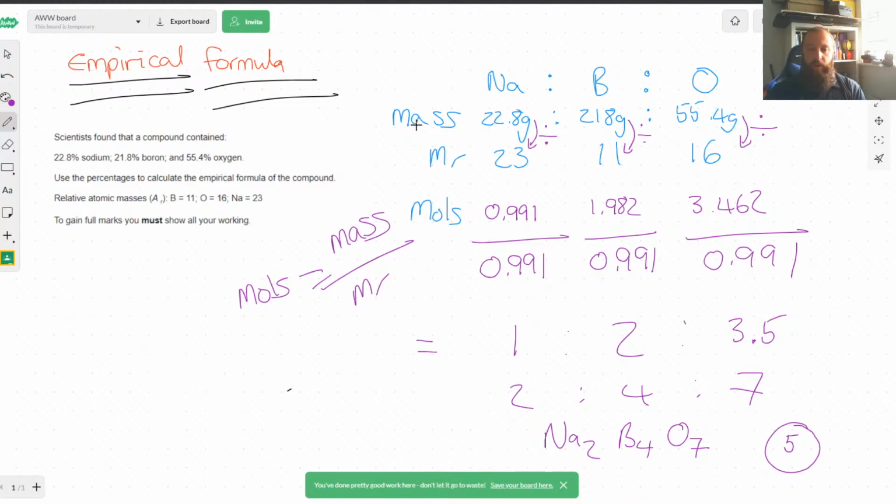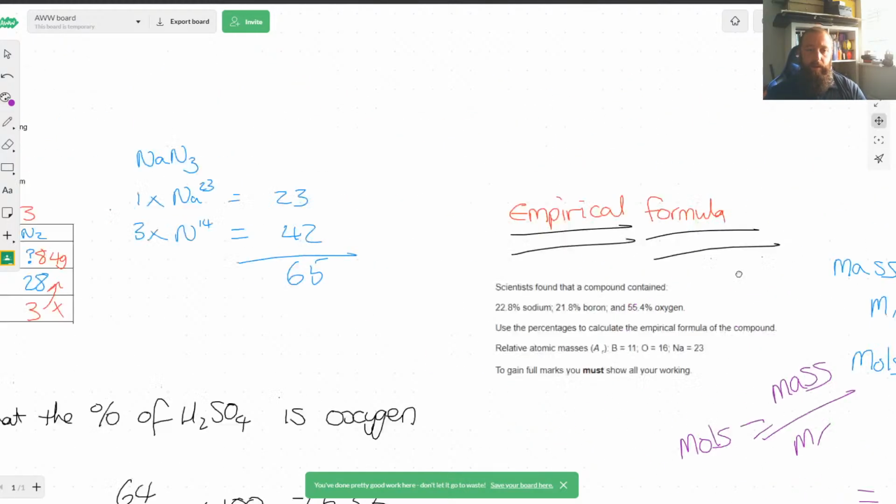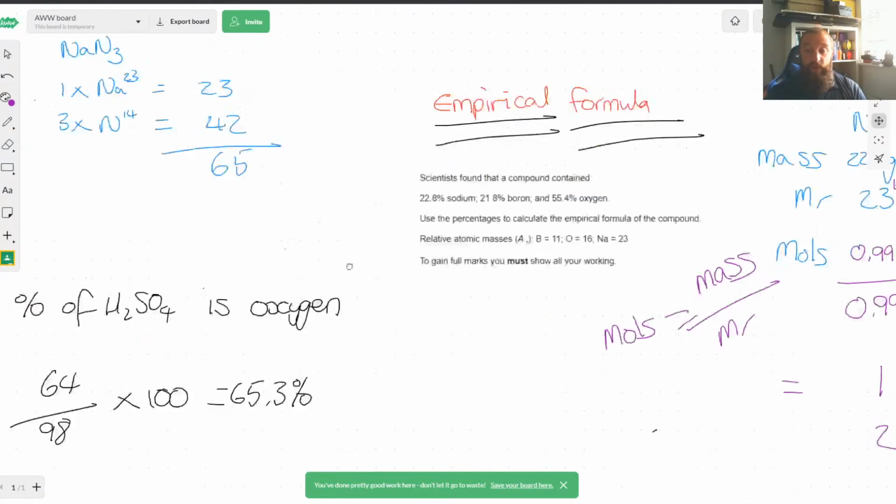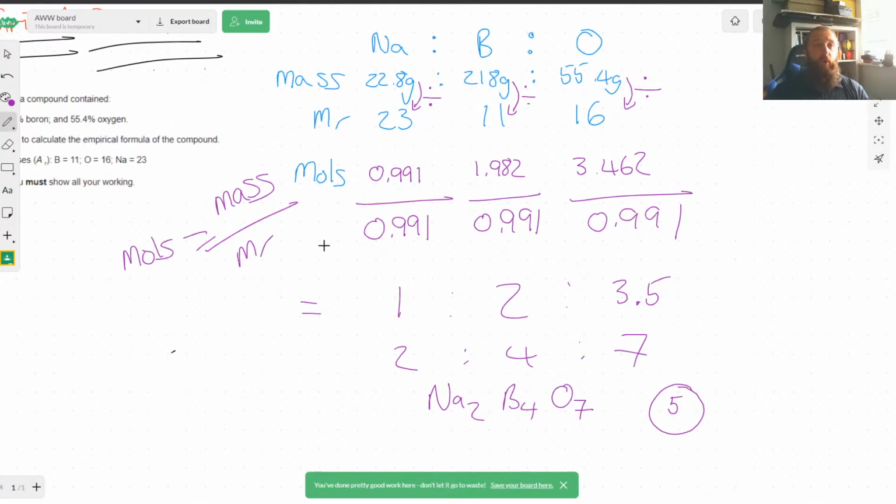Right, so what we've done, we've started off in exactly the same way as we did here. Absolutely nothing different here. These questions look really hard, but the whole idea with chemistry is there's only really about 3 or 4 things that you have to actually know.